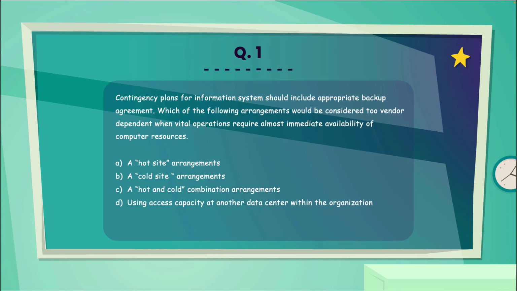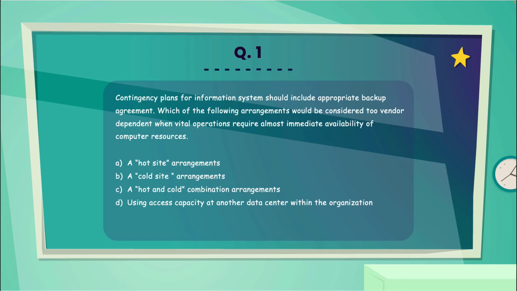Contingency plans for information systems should include appropriate backup agreements. Which of the following arrangements would be considered too vendor dependent when vital operations require the most immediate availability of computer resources? We have the hot site, cold site, hot and cold, and using excess capacity. Too vendor dependent means that it needs some time and vendor intervention.